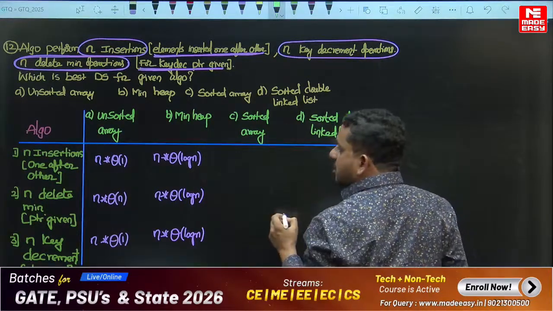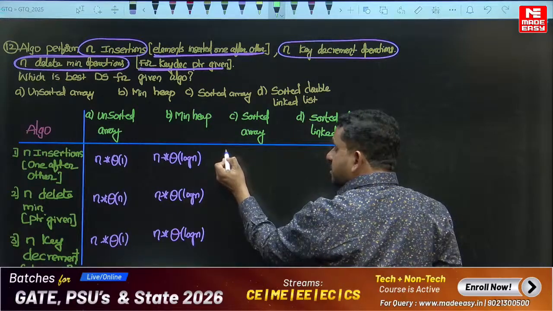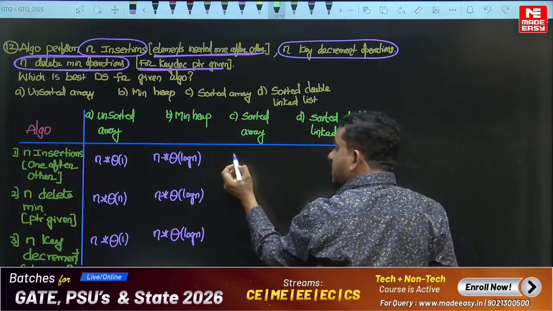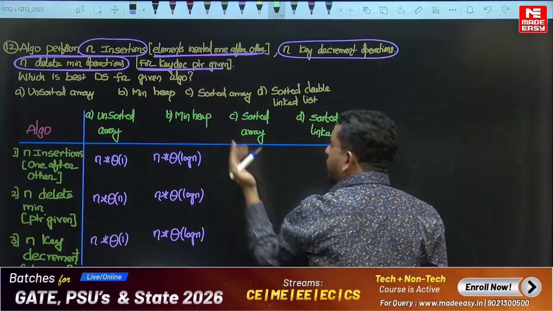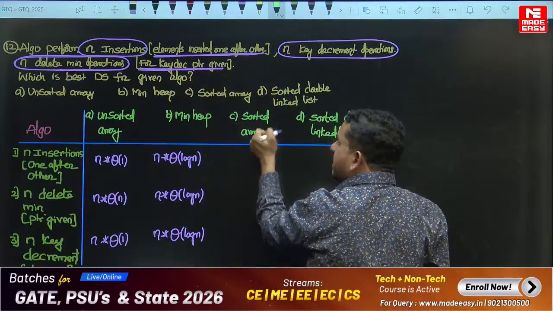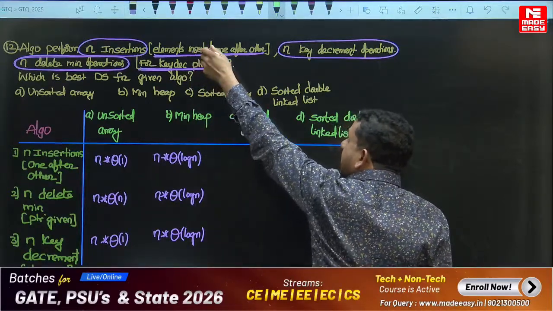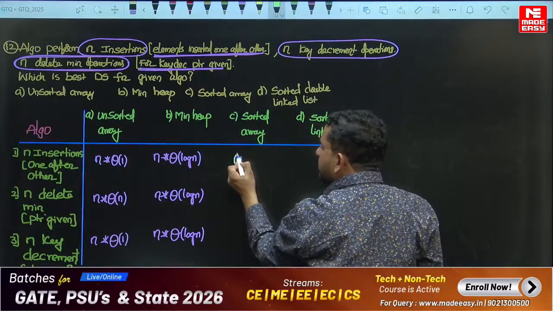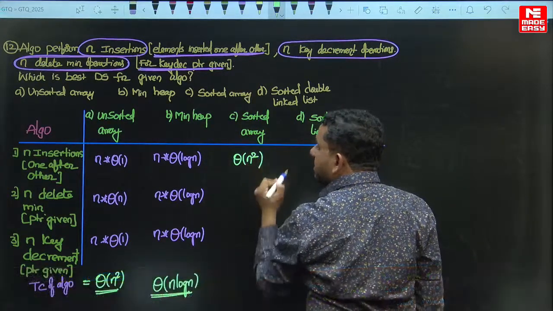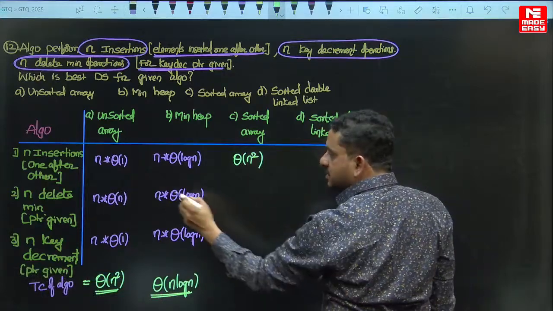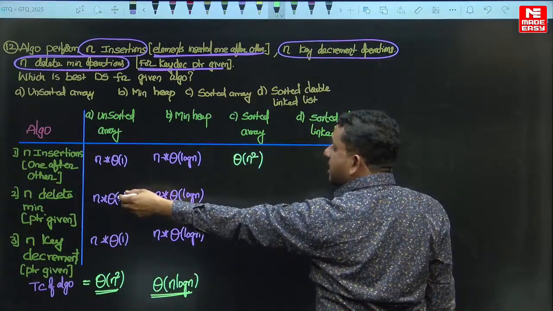If you go for sorted array, the first element is already in sorted order, like insertion sort, because we are inserting one by one, the array becomes sorted like insertion sort. That means it requires n square time for n insertions, because of the sorted order.